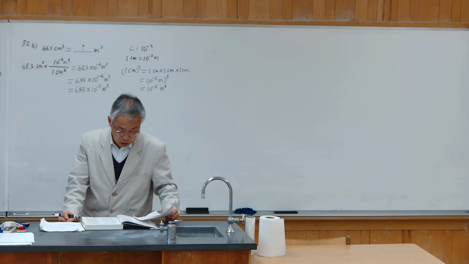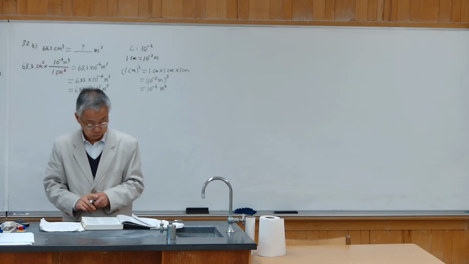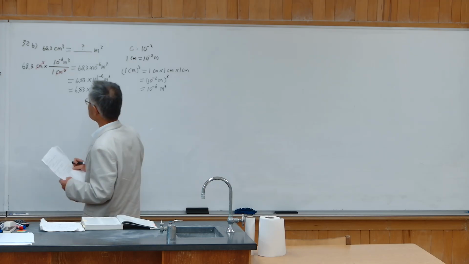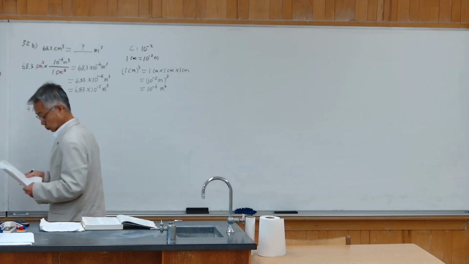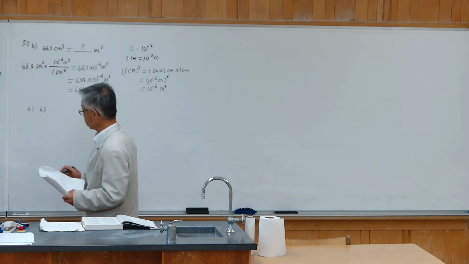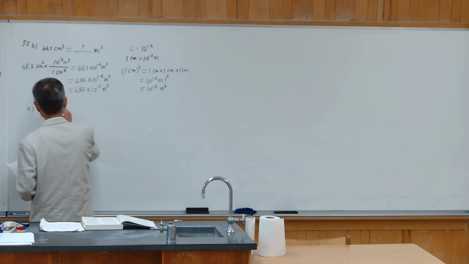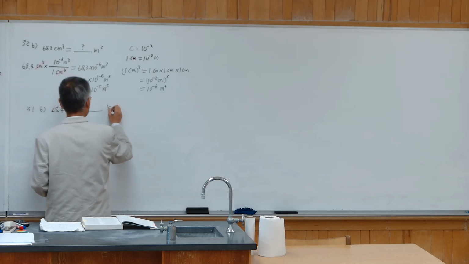It's 31: convert milligram to kilogram. Okay, let's say 31B: 25.4 milligrams to kilograms.